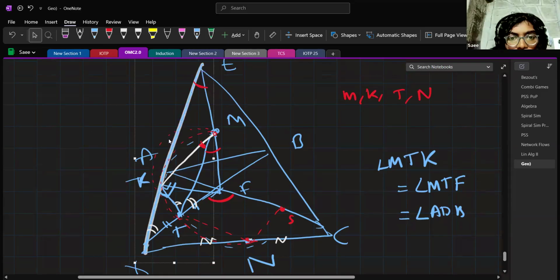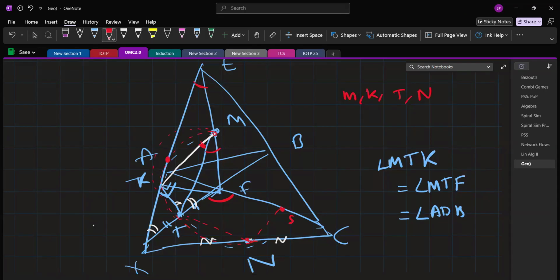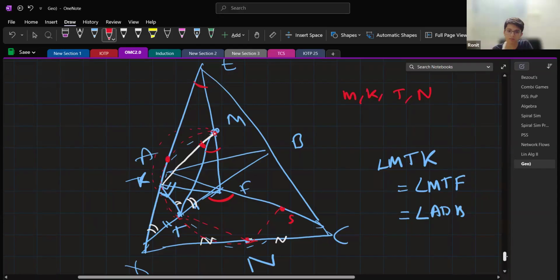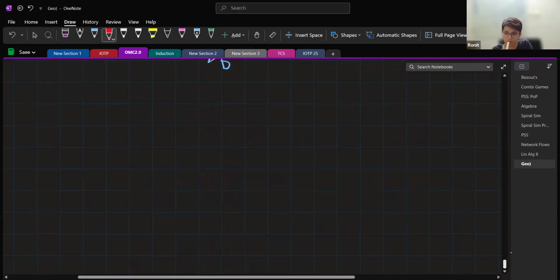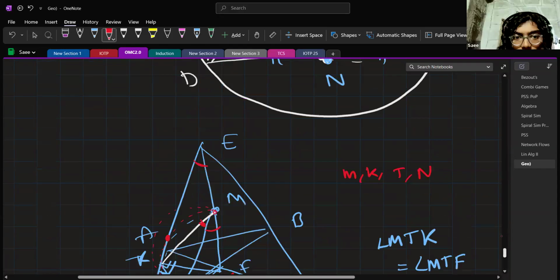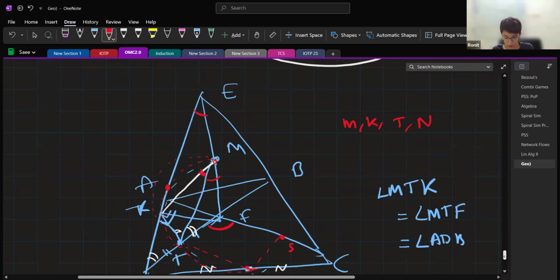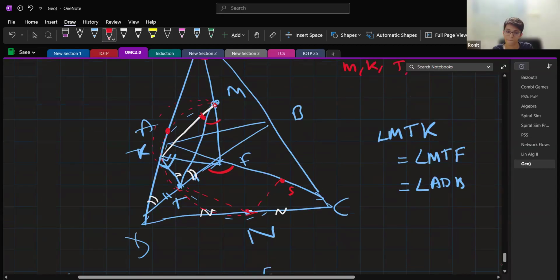Then maybe we can try to introduce some more points here. For example, I was thinking of introducing the midpoint of ED, because we already have the 9-point circle, and that will give us one more midpoint, which is already on the circle.